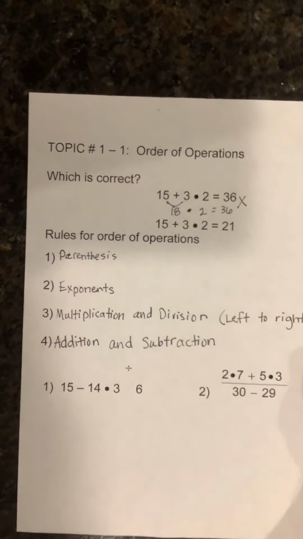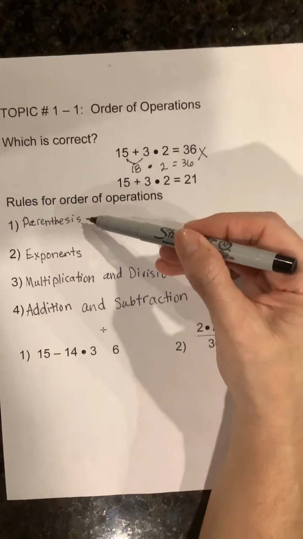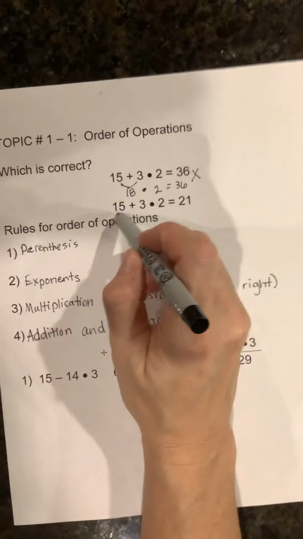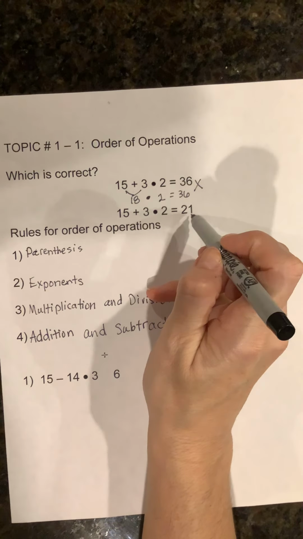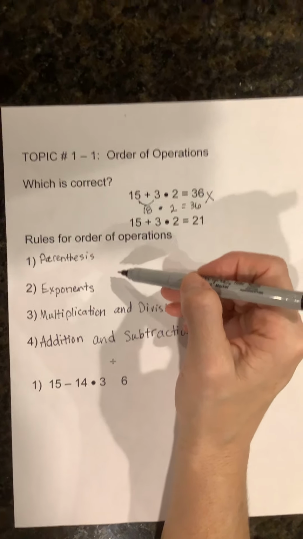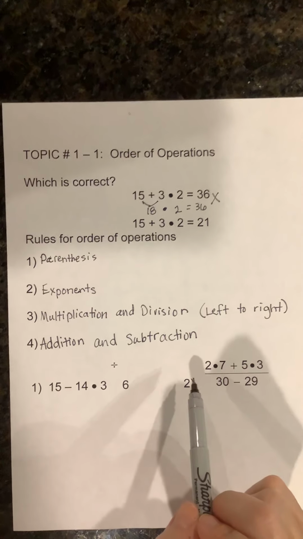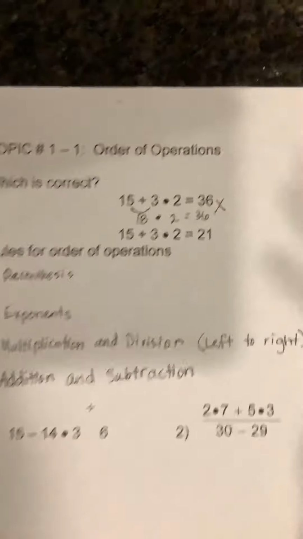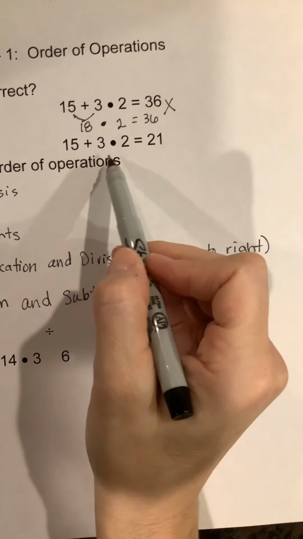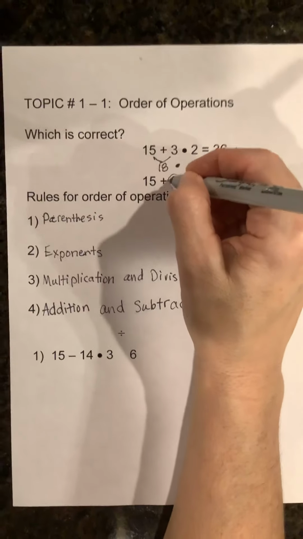So if we follow our rules, we don't see any parentheses in this equation. We're looking at working this same equation. Don't see any parentheses. Don't see any exponents. Multiplication and division. So do we see any of that? Yes, we see 3 times 2. So I want to do this first.